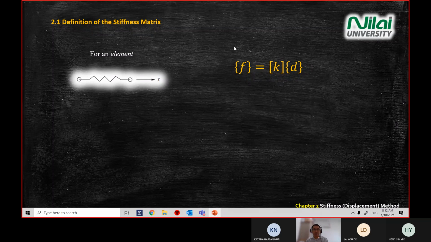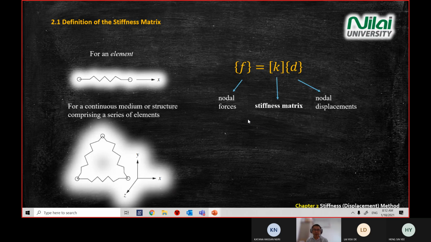The fundamental equation that you should always remember is F equal to KD: force equals stiffness matrix times the displacement. D is a displacement. You should know how to differentiate when you want to analyze a single element or an assembly. When you do assembly, you use the capital.